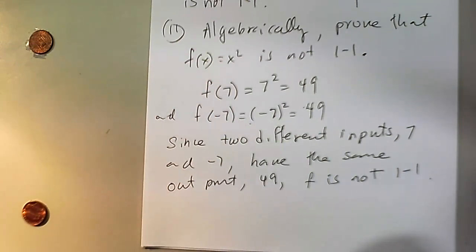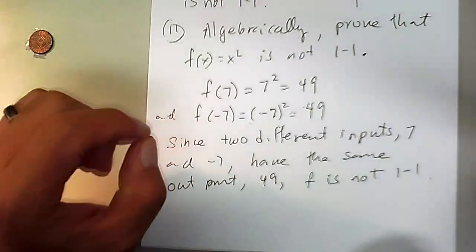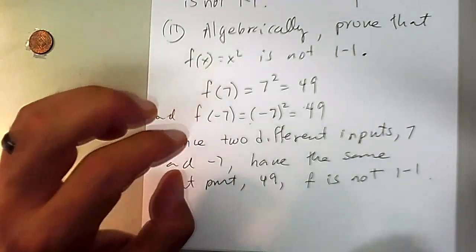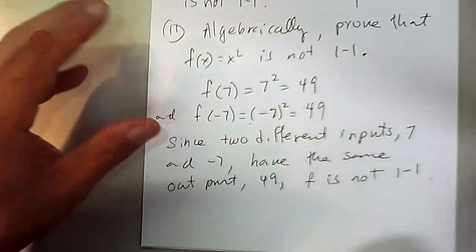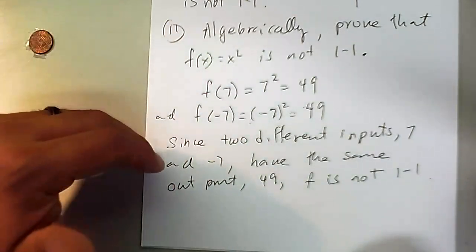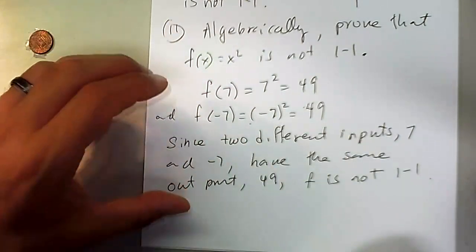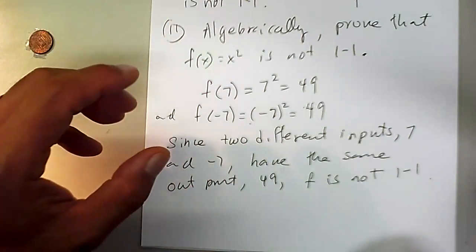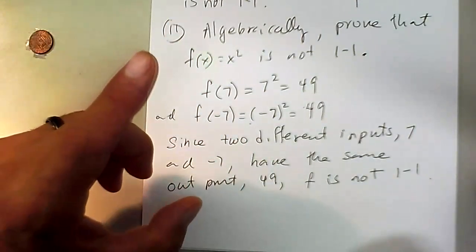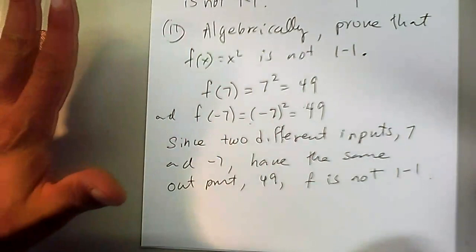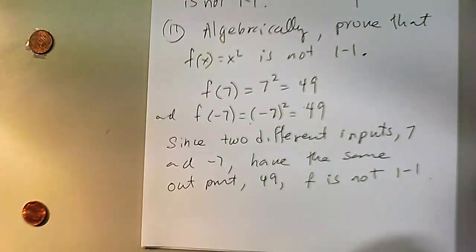When we are proving that something is not true, all we have to do is provide one specific example, and that's it. Please get into that mindset. When we are proving that something is not true, in general, just provide one example and be done.